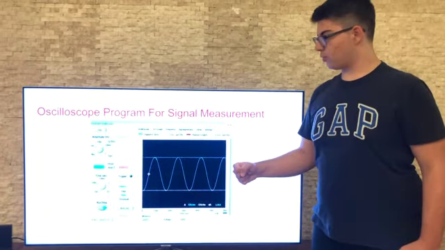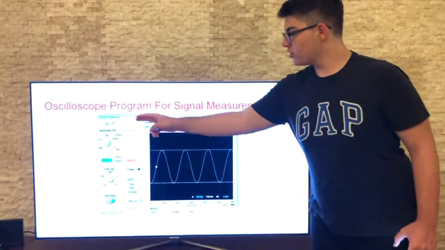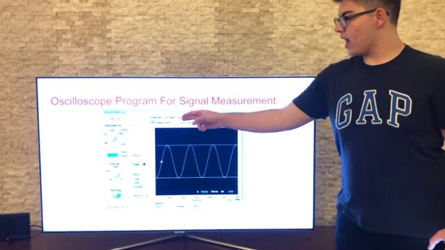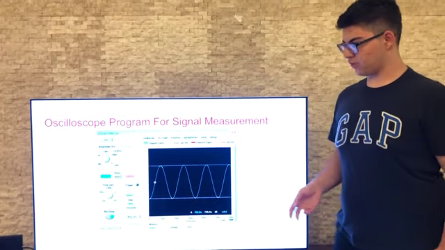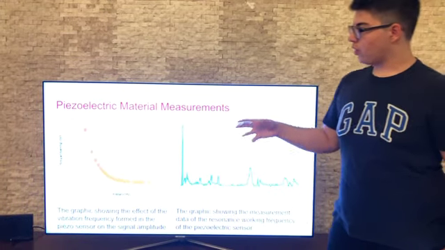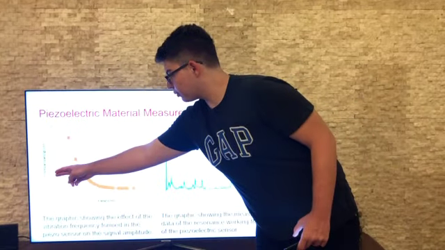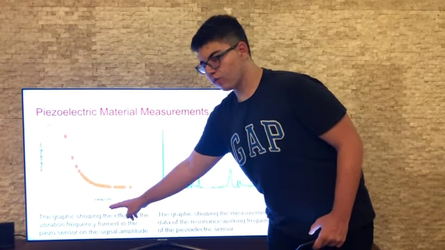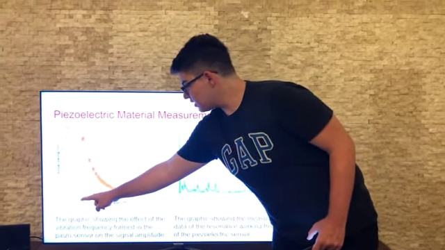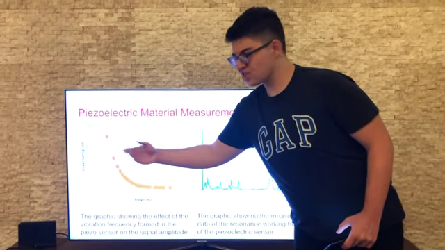We used an oscilloscope program for signal measurement in the computer, which is called sound card oscilloscope, and this is a screenshot of it. So for the results, first of all, the piezoelectric material measurements. Here the vibration amplitude and the frequency of the light are shown. We see that when frequency is lower, the signal amplitude is actually bigger.